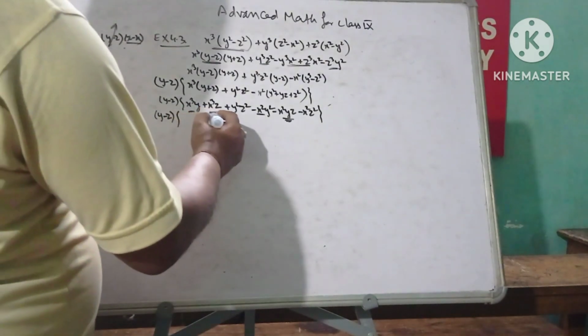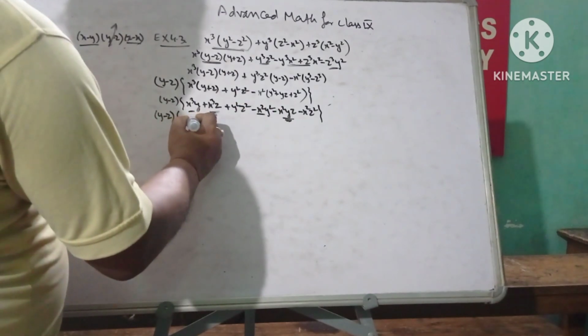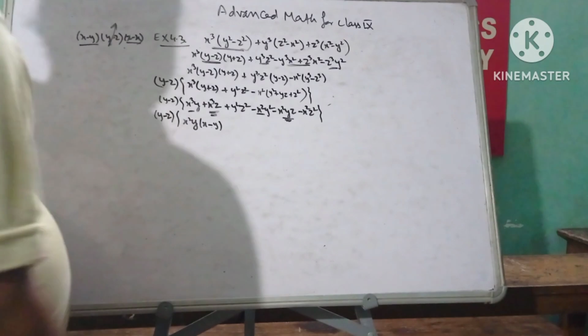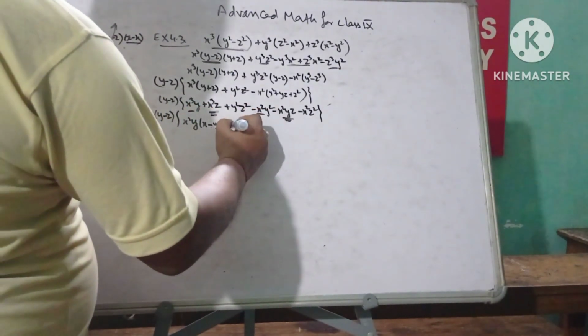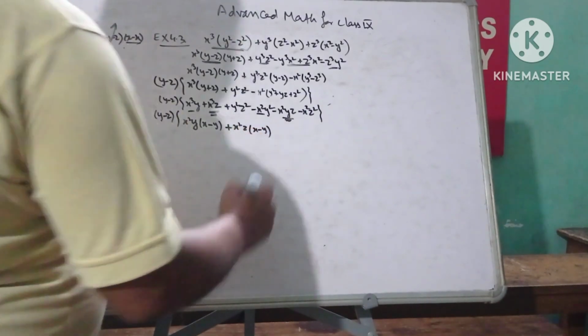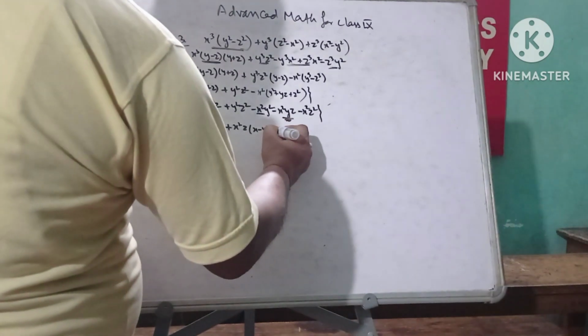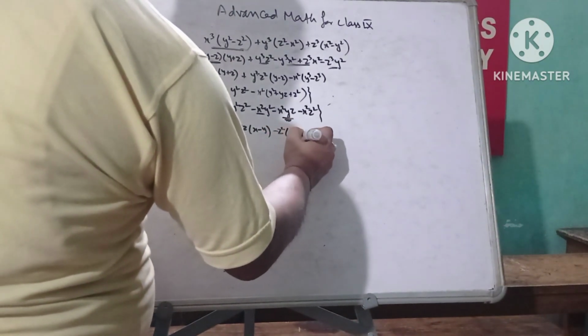So here this and this term, here you are going to take x square y common, so x minus y. Here this one. Now from these two we are going to get x square z, so x minus y. And last these two, from these two we are going to take minus z square, so we are going to get x square minus y square.